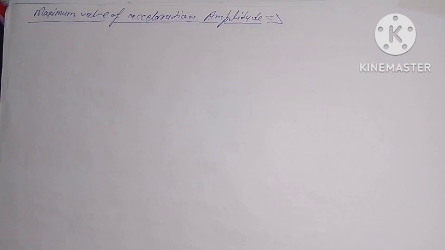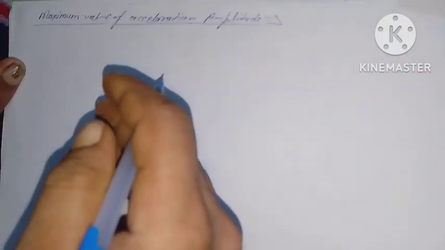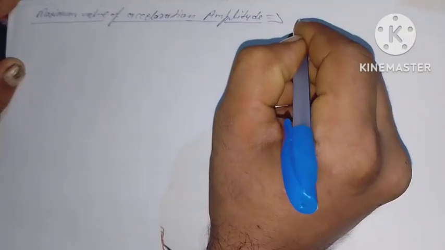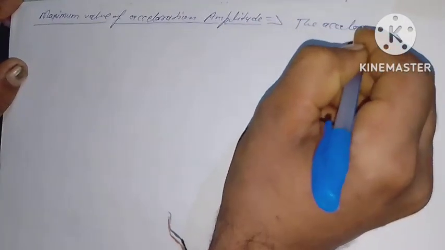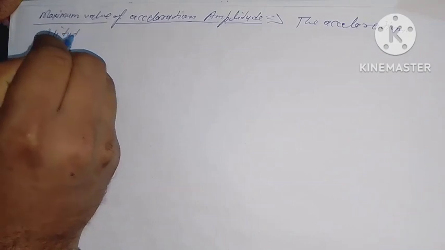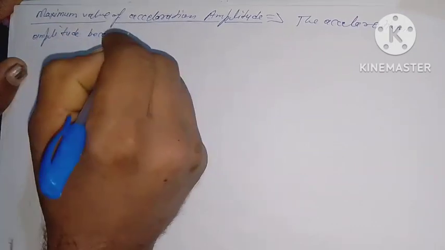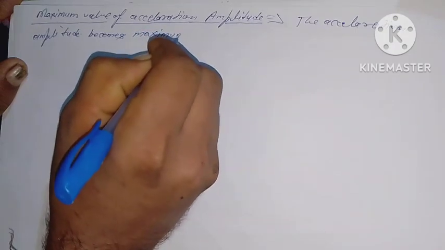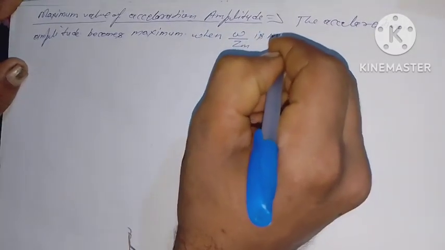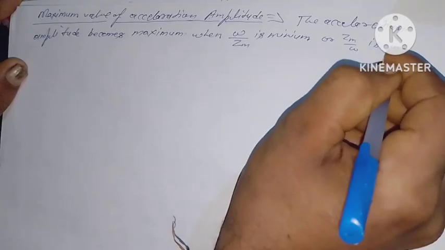The acceleration amplitude becomes maximum when omega by Zm is minimum, or Zm by omega is maximum.